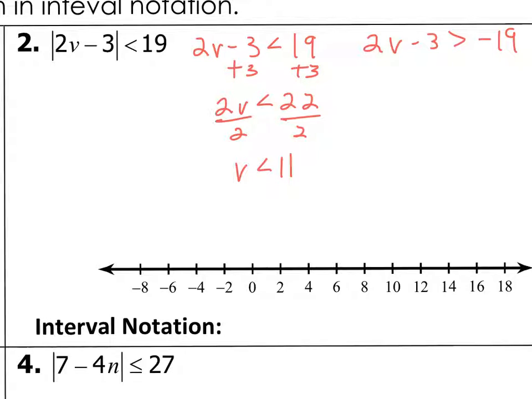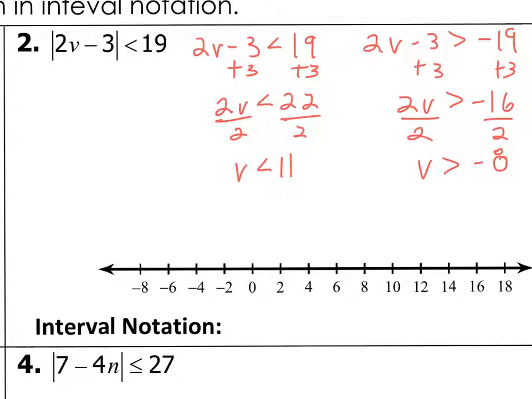On the second case, we add 3 to both sides, and we have 2v is greater than negative 16. Divide by 2, and we have v is greater than negative 8.